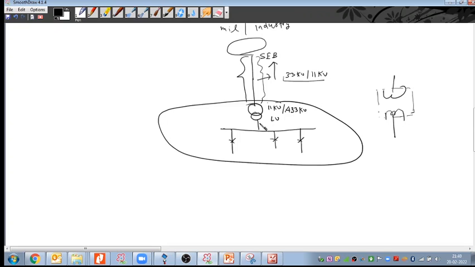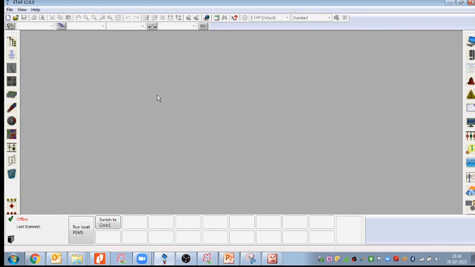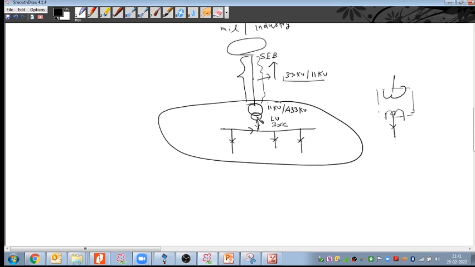In that case, the fault rating of this bus will be decided based on the fault rating of the transformer, that is, how much fault current the transformer will contribute at its terminal, and based on that we can select all the switchgear fault ratings. So we will not go to the grid. We will calculate the fault current value as per the transformer voltage, power, and impedance value. For those calculations, we can take ETAP and perform the calculations.